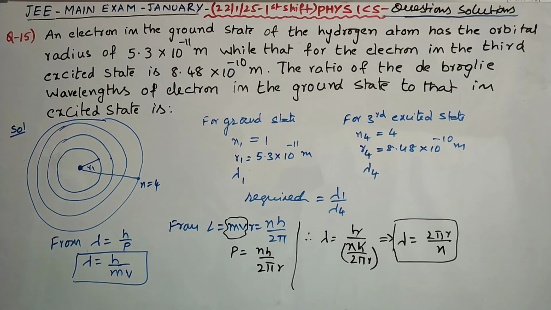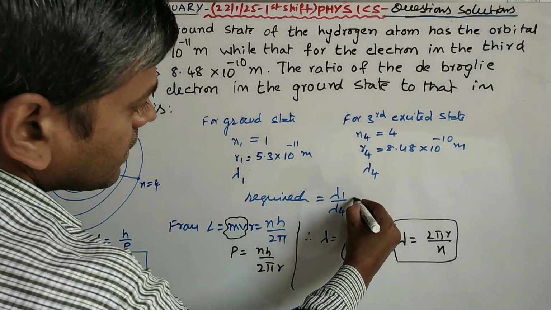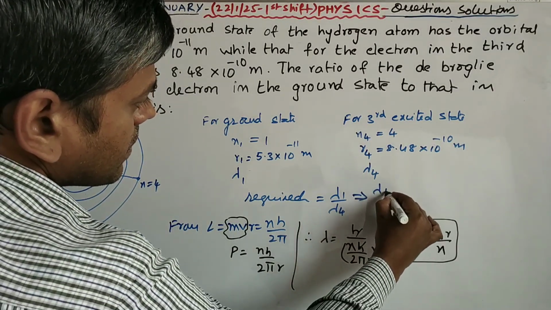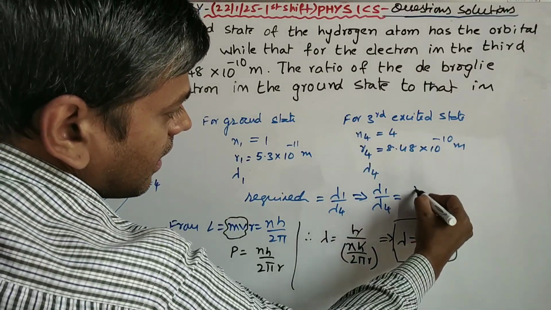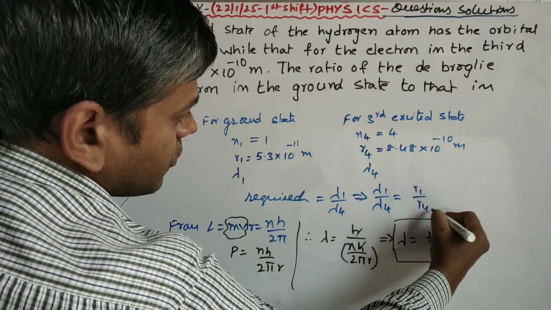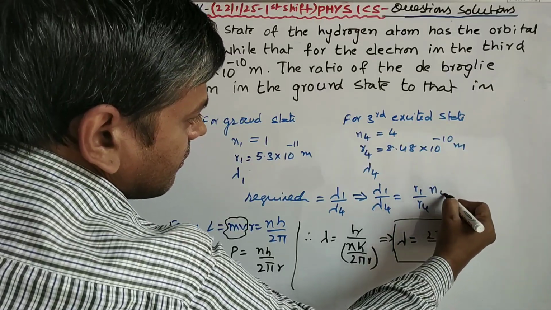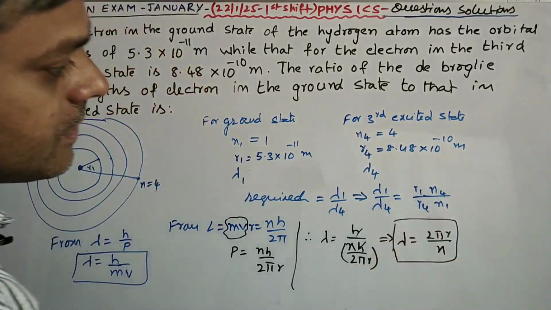Therefore lambda 1 by lambda 4 is equal to r1 by r4 into n4 by n1.